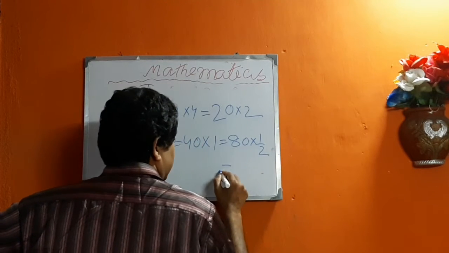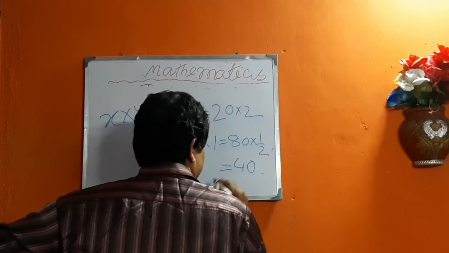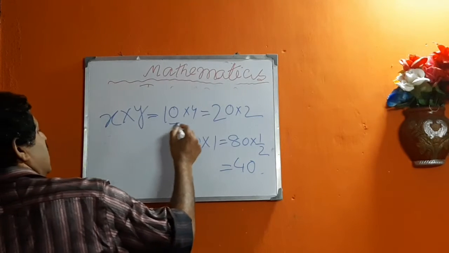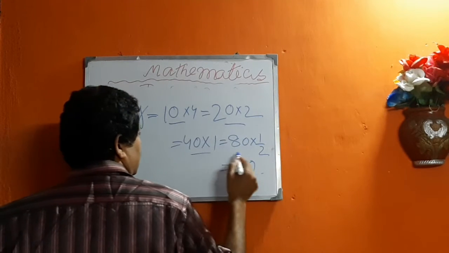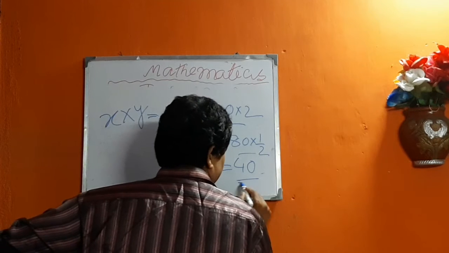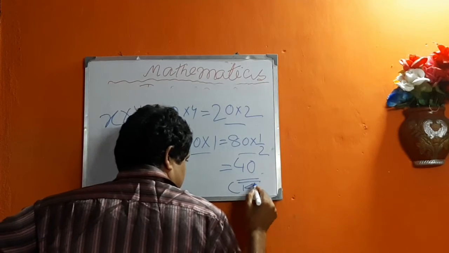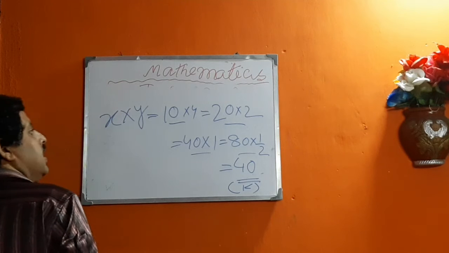All equal 40. In all cases, whether it be this one or this one or this one or this one, I get 40, which is a constant number. Let it be k.